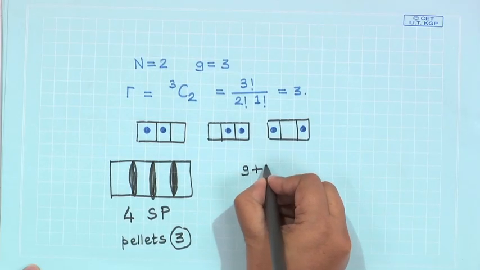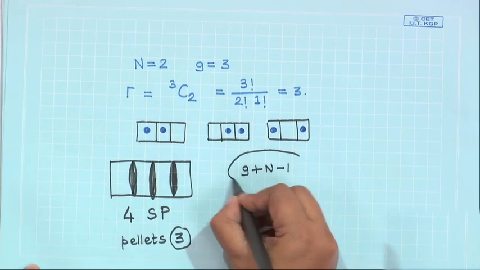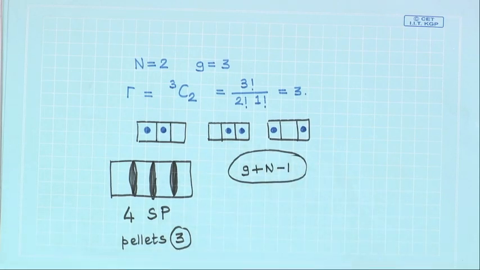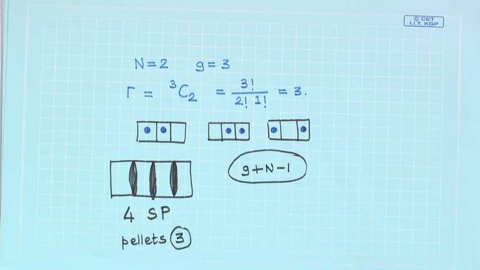Therefore, the problem now is you have been given G single particle states, and these G single particle states are separated from each other using G minus 1 pellets, and then you will have capital N balls. So, a total number of G plus N minus 1 symbols are available to you, and you are going to play around with all possible permutations of these symbols.